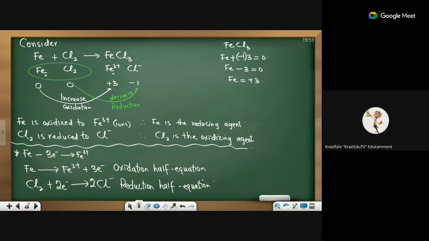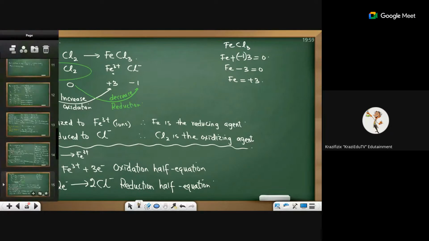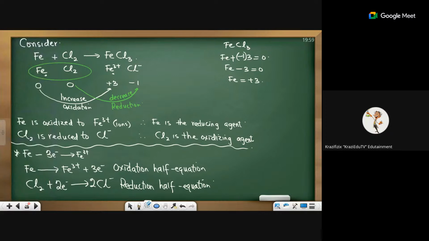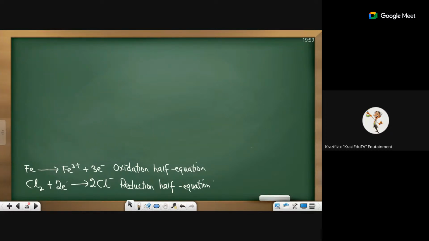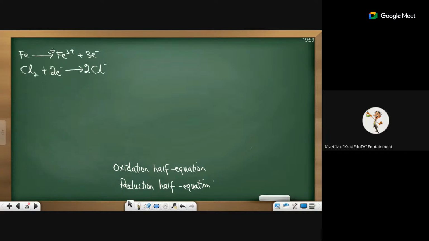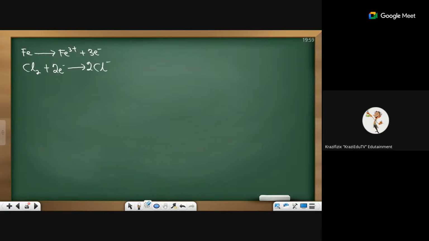All right, let's quickly balance. Ooh, I'm loving this. Let us balance. Do you notice there's a problem? My electrons are not the same. I have 3 in the first one and 2 in the second.